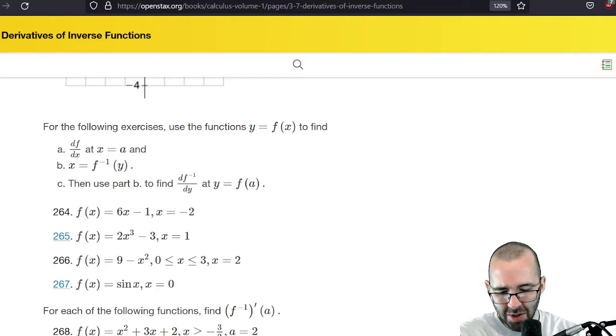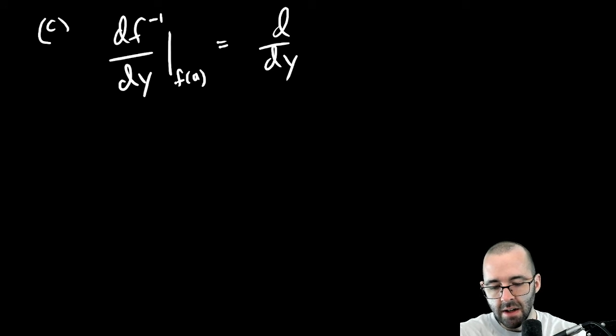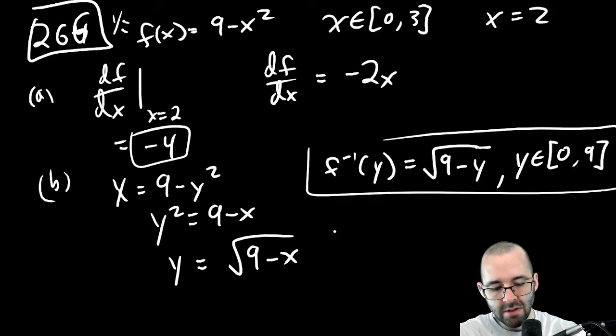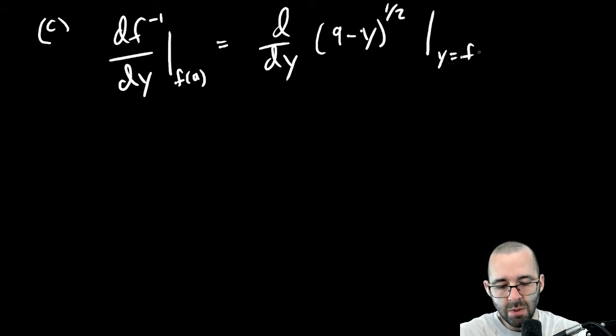I actually don't know what the book wants. It wants you to use part B. Yeah, it wants you to just take the derivative with respect to y of our inverse function, the square root of 9 minus y. Write that as an exponent of 1/2, and then evaluate it when y equals f of a.